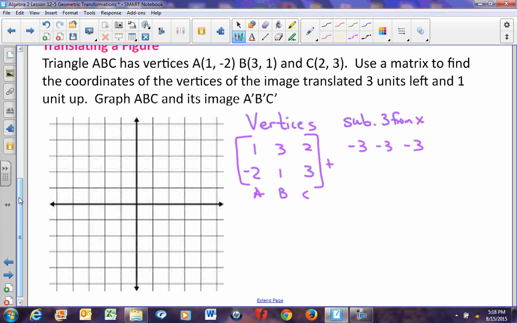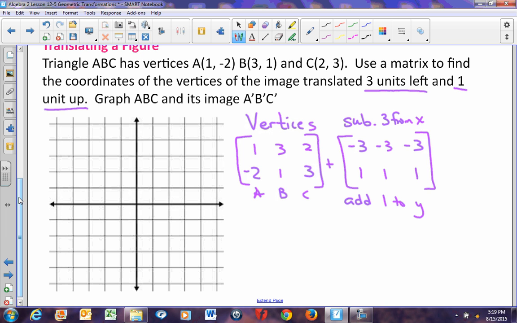And we're going to add 1 because we want to go 3 units left, that's subtracting 3, and 1 unit up, that's adding 1. So we're going to add 1 to y. So 1, 1. So we're going to add these two matrices together, and then we'll get a new matrix.